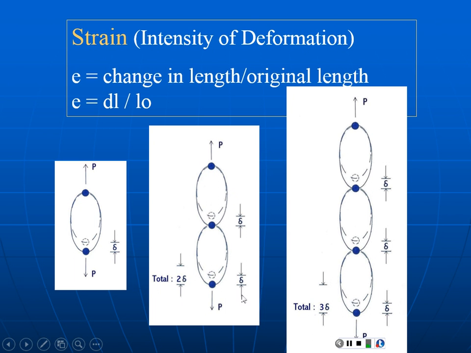Originally I had 3 lengths, 3L0, so we take 3 delta, divide by 3L0, the 3's cancel. Here we have 2 delta divided by 2 L0s, 2 original lengths, and here delta over 1. So we normalize out the fact that this is a longer structure. The basic definition of strain is change in length over original length, and this will be your axial strain.